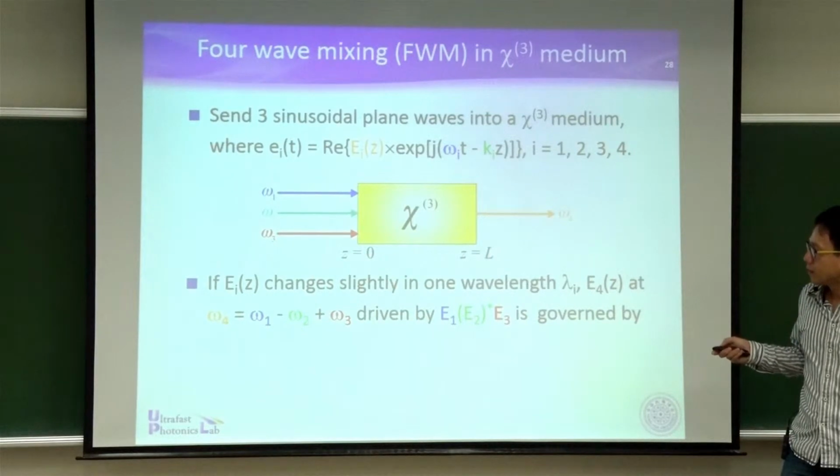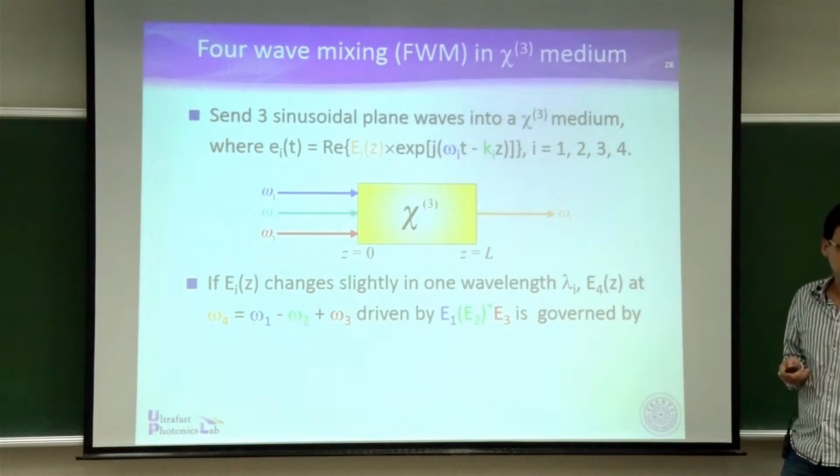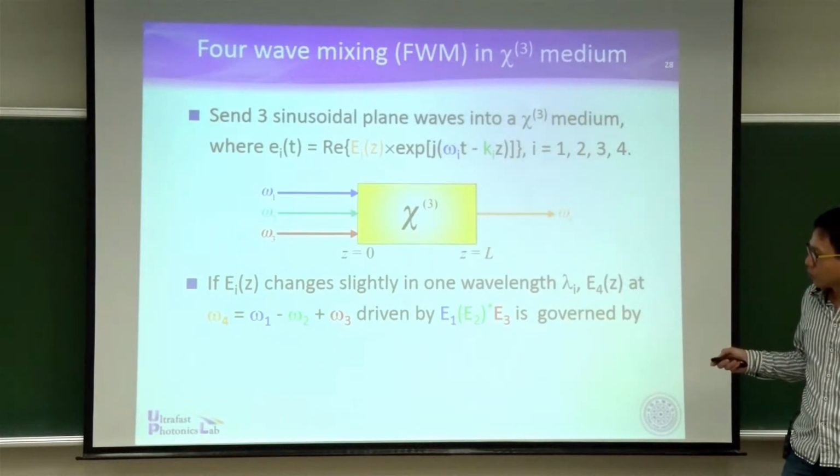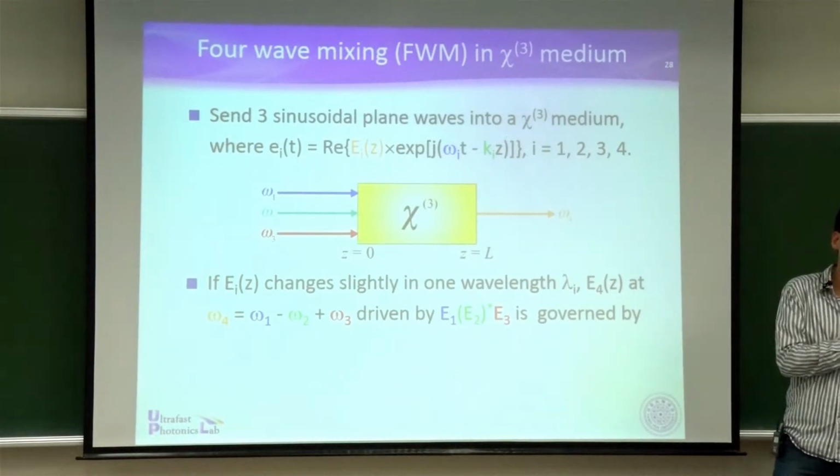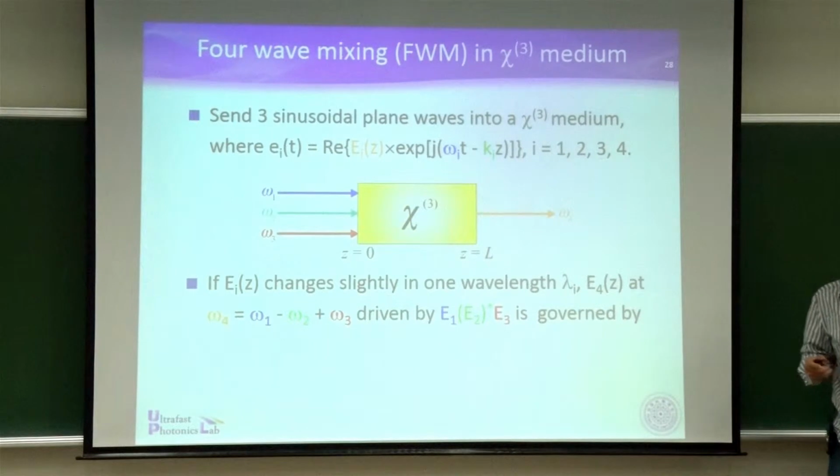Then this new frequency component can be driven by the nonlinear polarization proportional to the product of three input phasors, E1, E2 star, and E3, because of the chi-3 nonlinearity. Then what would be the corresponding equation?